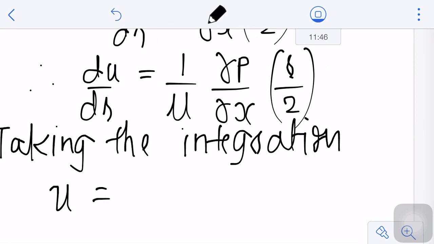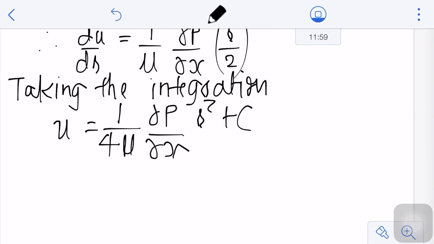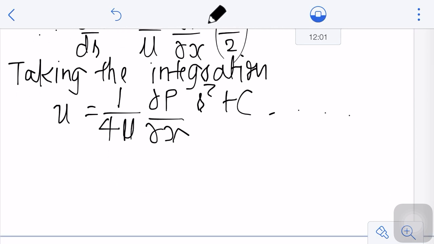So, 2 times 2 is 4, 1 upon 4 mu into curly p upon curly x into r square plus C. So, here this is the equation we are going to get for our velocity distribution, but here, this capital C is nothing but the constant of integration, which can be evaluated using some boundary conditions. So, what boundary conditions can we use?